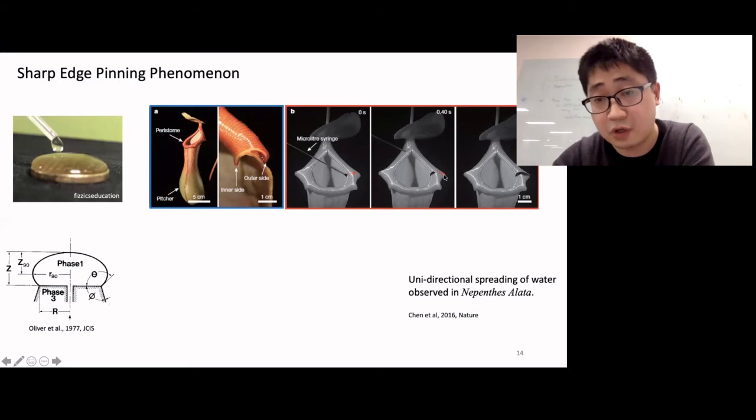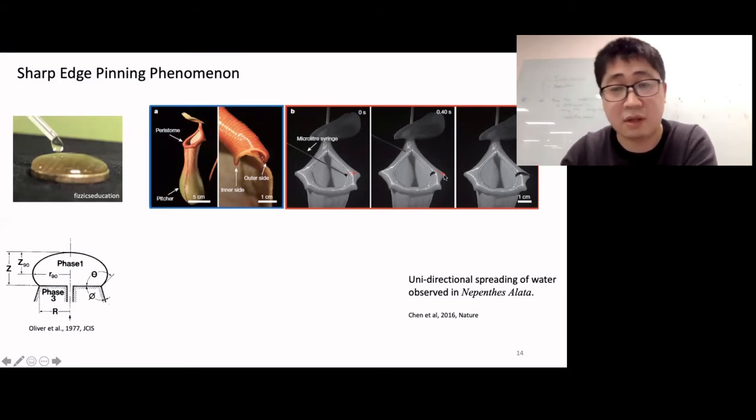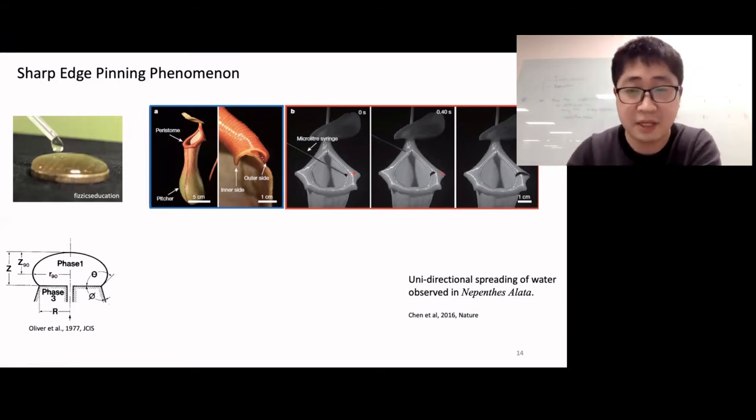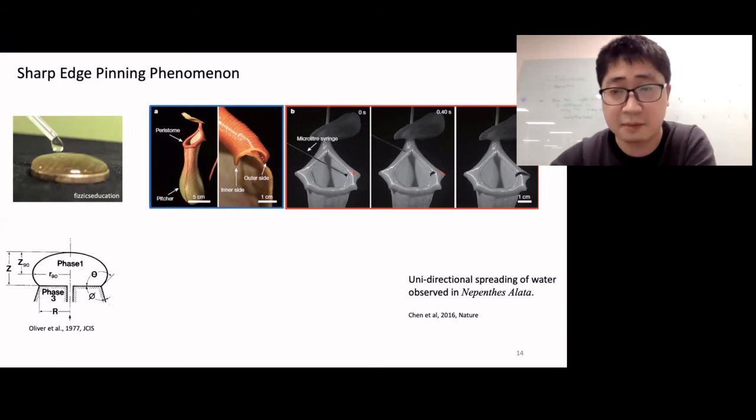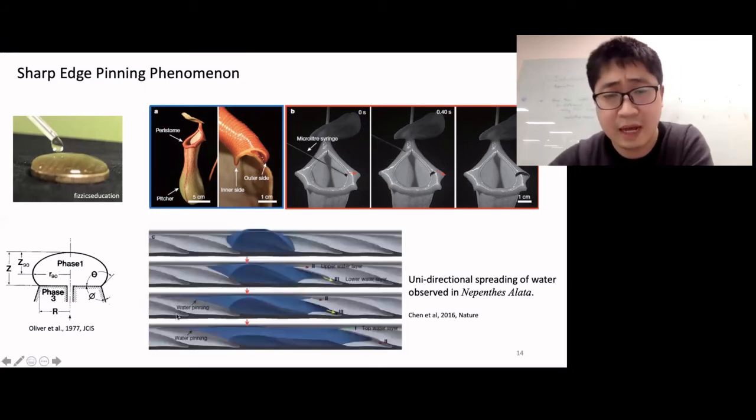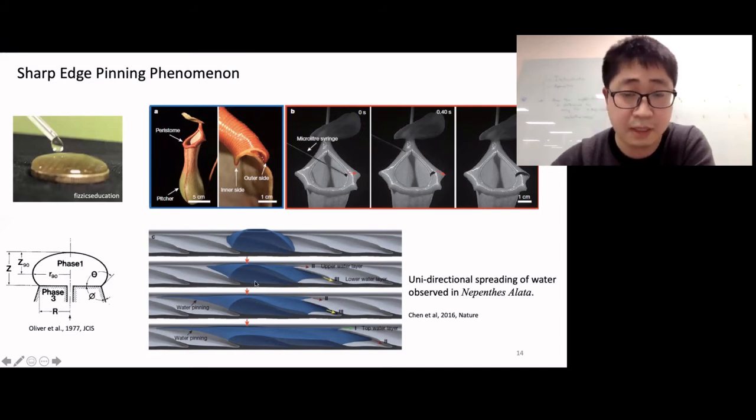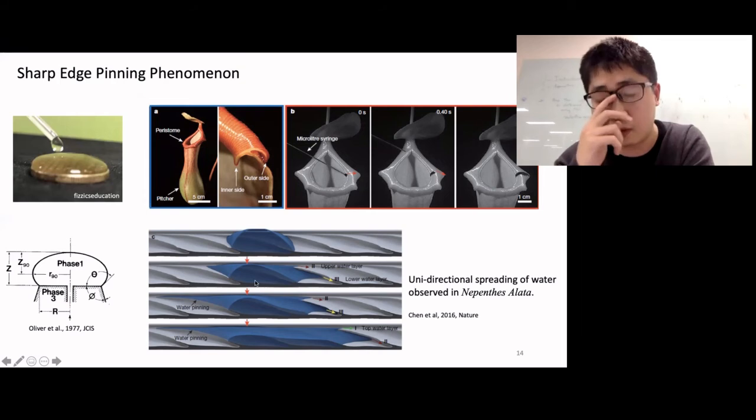But if you put a droplet on the outside, then it will not go back towards the inner side of the peristome. The reason for that is exactly the sharp edge pinning phenomenon, where you see that on the left side, the liquid is pinned, so it cannot move forwards, but it can only move towards the right direction. So that's quite interesting work.